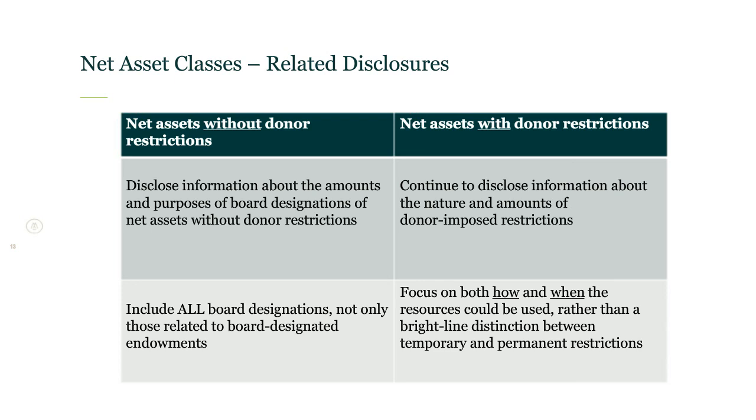For net assets with donor restrictions, you will continue to disclose information about the nature and amounts of each of your donor-imposed restrictions, with a focus on how and when the resources could be used, rather than a bright line distinction between temporarily restricted and permanently restricted assets.